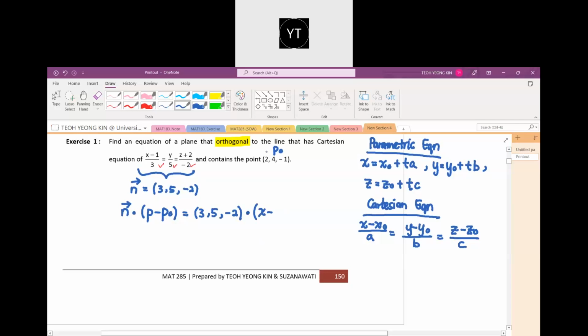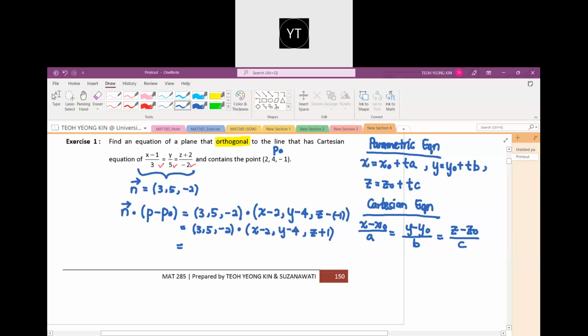X minus the coordinate of x, which is 2, comma y minus the second coordinate, which is 4, comma, and finally z minus the coordinate of z in p naught, which is negative 1, so put a bracket, negative 1, close the bracket. From here we have (3, 5, -2) dot product with (x minus 2, y minus 4, and z plus 1).